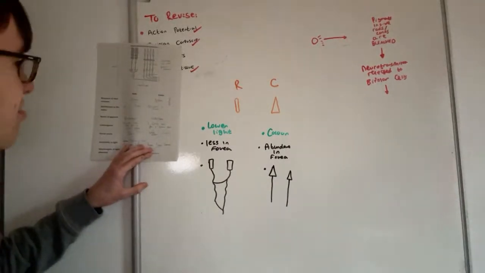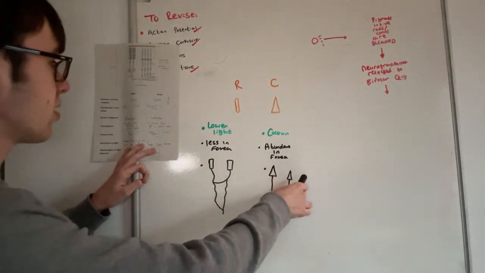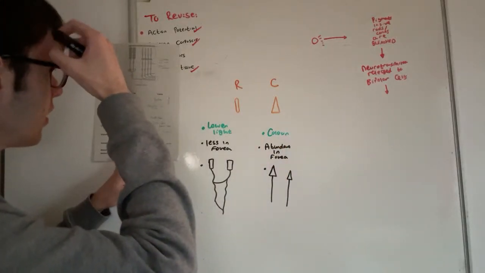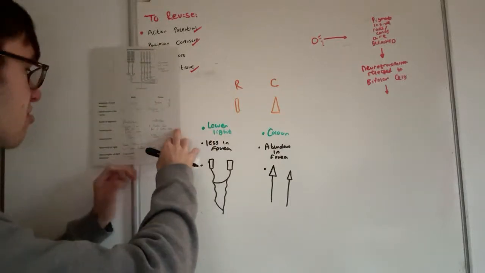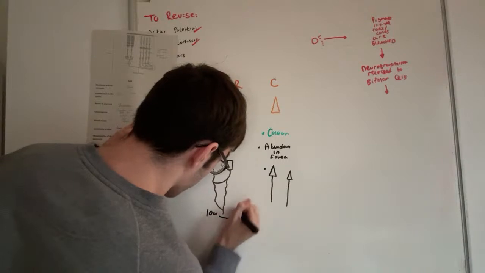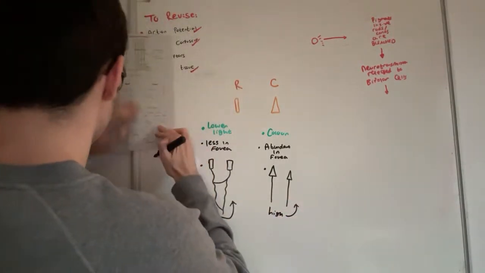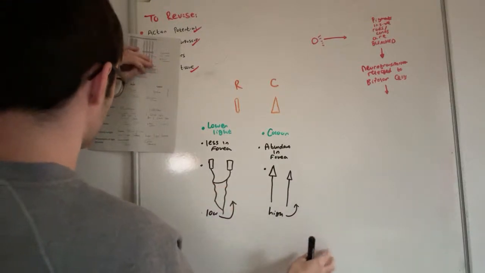That's basically the easiest way to remember it. One cone cell connects to one bipolar cell, but in rods, there are multiple rod cells per bipolar cell. There is a low visual acuity as a result of this, and a high visual acuity because of this. In other words, it's not clear vision versus very clear vision.